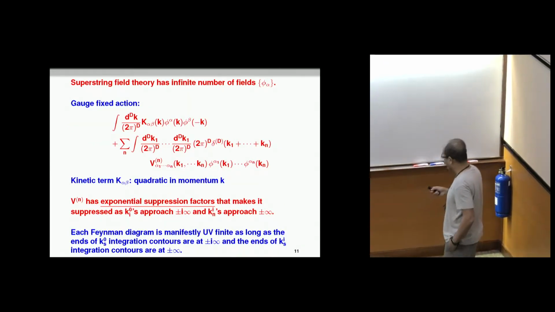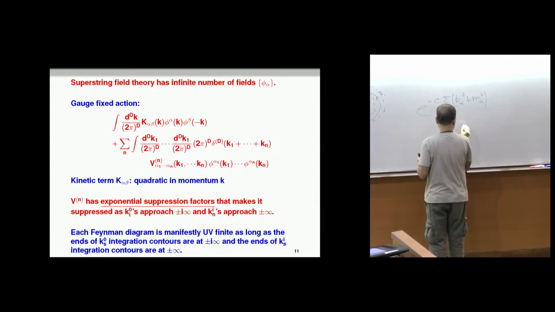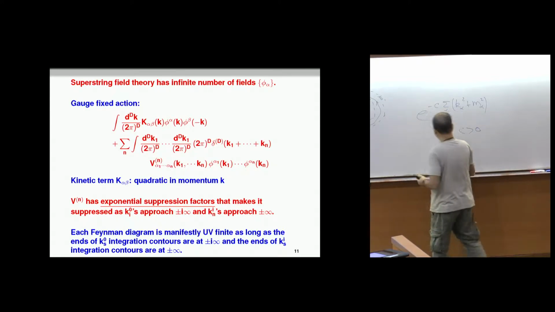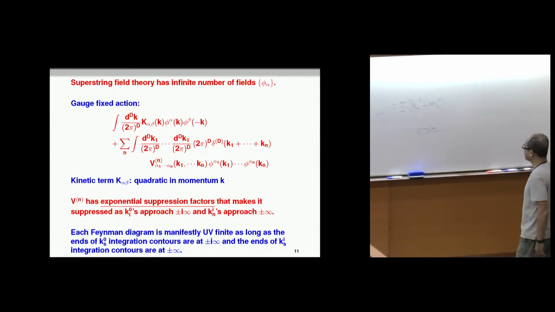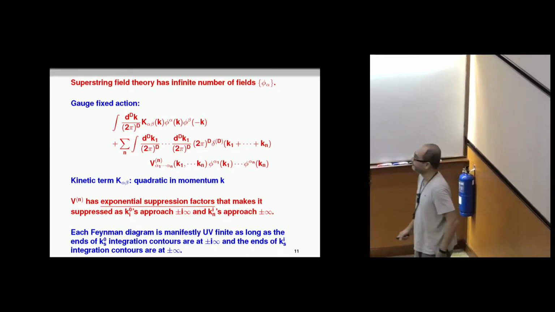And c is positive, I should have said that. Roughly c can be taken to be of the string scale, but different versions of superstring field theory will have different c's.